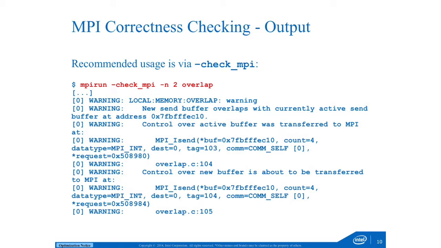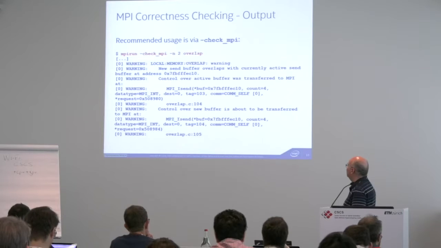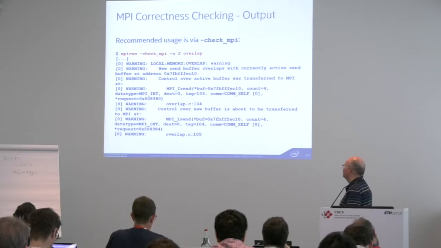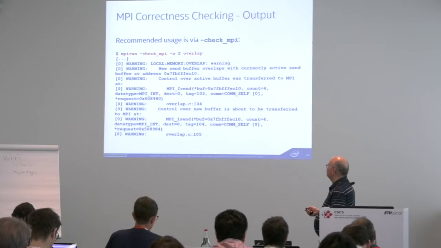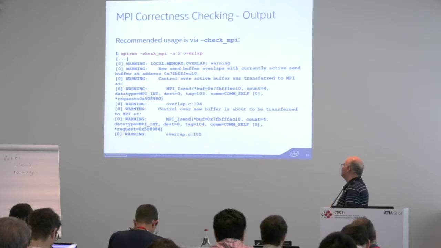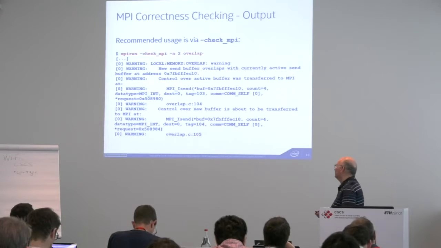And it will point you to the active buffer whose control was transferred to MPI in MPI_Send. And here you get the correct source line, overlap.c 104. And then the buffer is reused later in another MPI_Send in overlap.c 105.